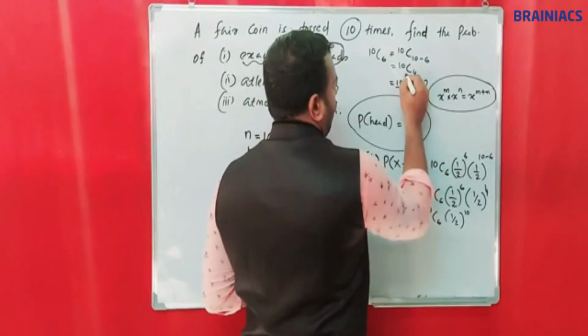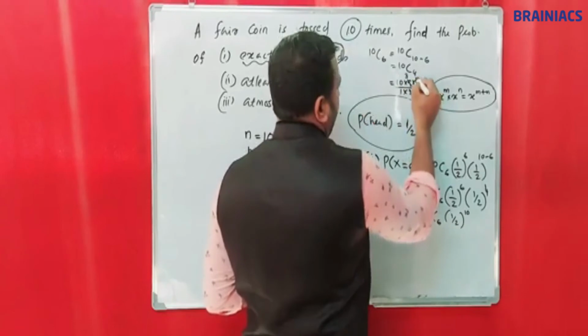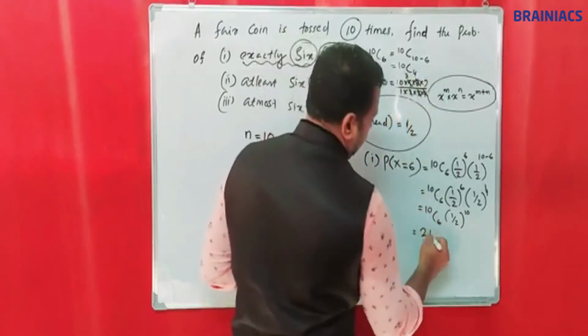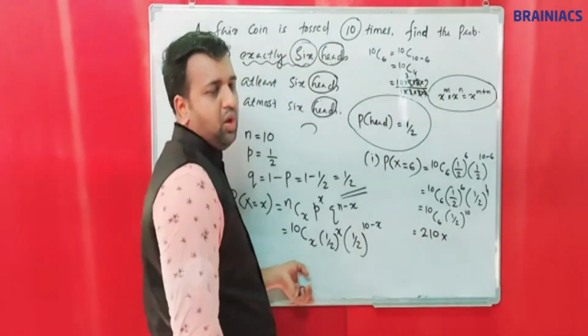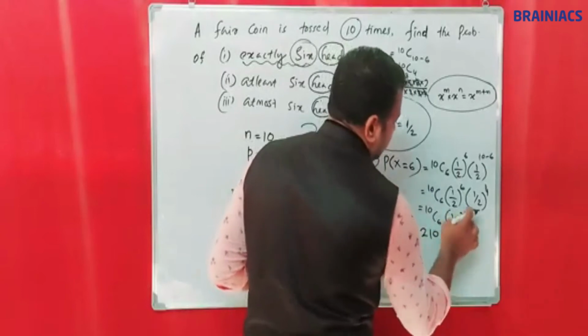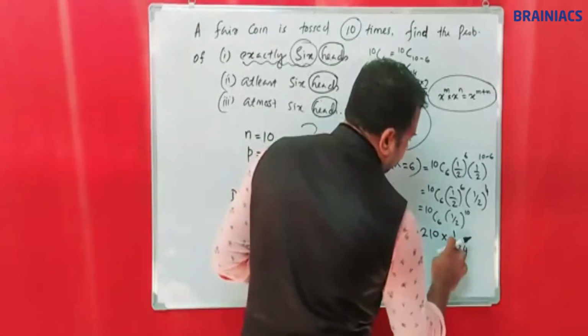Simplifying, we get 10 into 3 into 7, which is 210. And 1 by 2 raised to 10 is 1 raised to 10, which is 1, over 2 raised to 10, which is 1024.